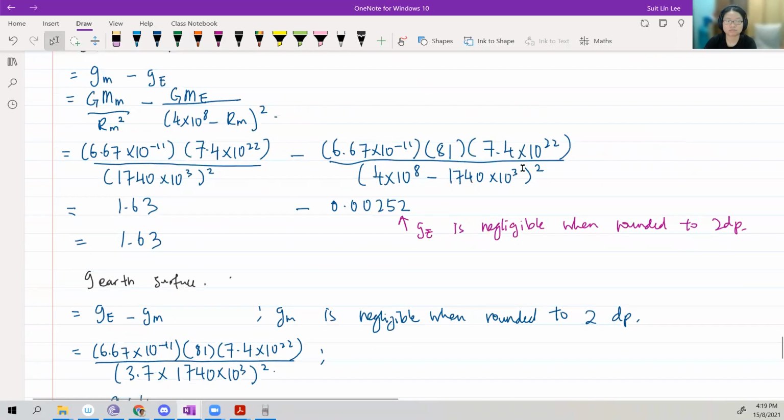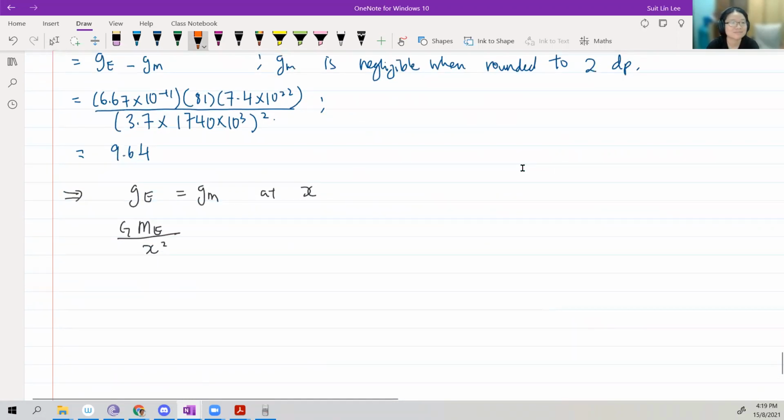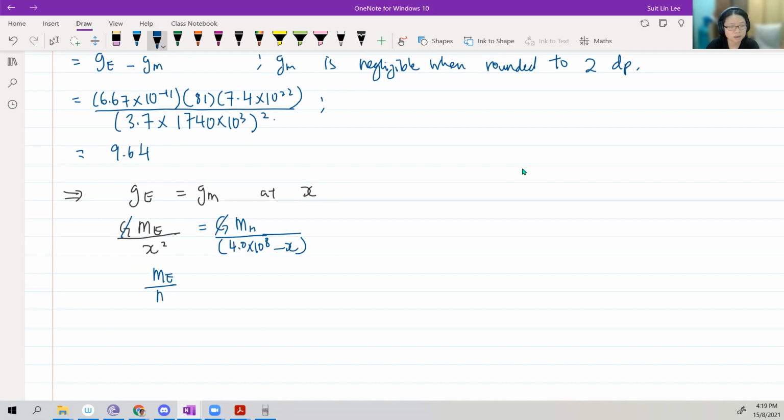Basically, what we did here. So G, mass of the moon, over 4.0 times 10 to the power of 8 minus X, squared. I can cancel this. I will have mass of the Earth divided by mass of the moon is equal to bracket X over 4 times 10 to the power of 8 minus X, I mean, this whole thing squared.